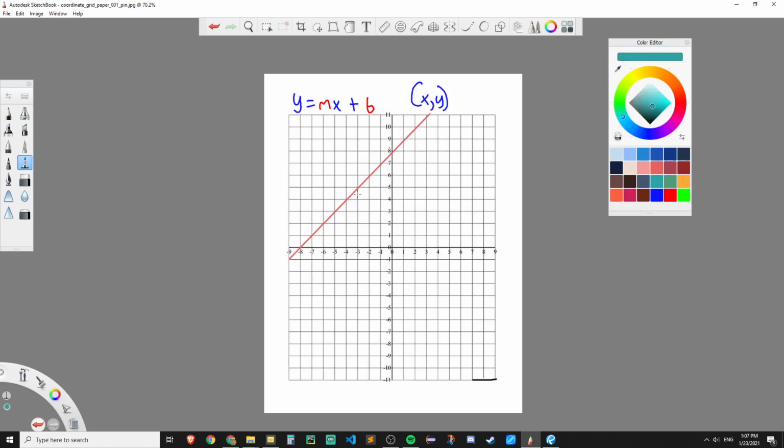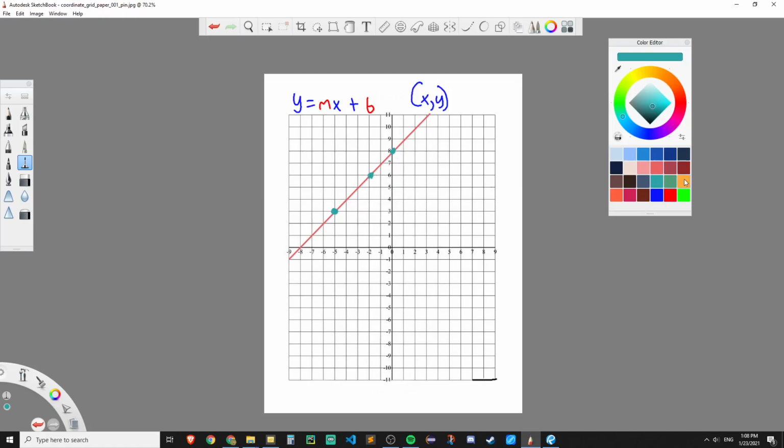I'm gonna pick this one and this one, and let's pick one more, this one right here. I'm gonna use these 2 points just because they're closer, but I'll also talk through the other 2 points.